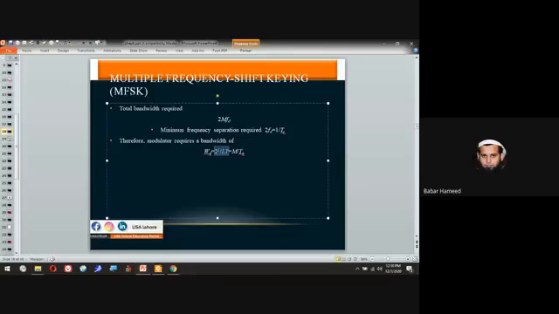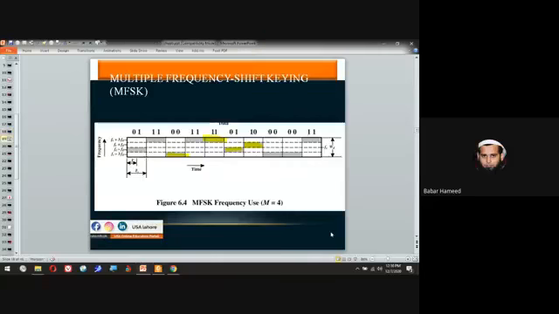Now it is time to look at the idea of MFSK in terms of graphical representations.